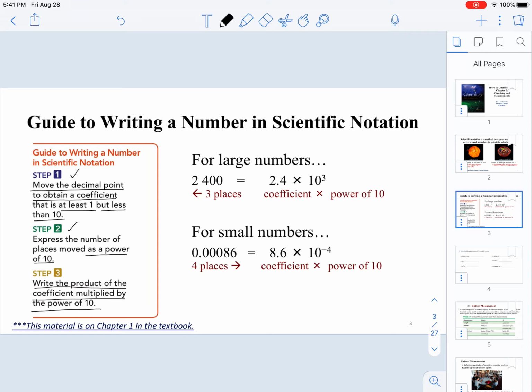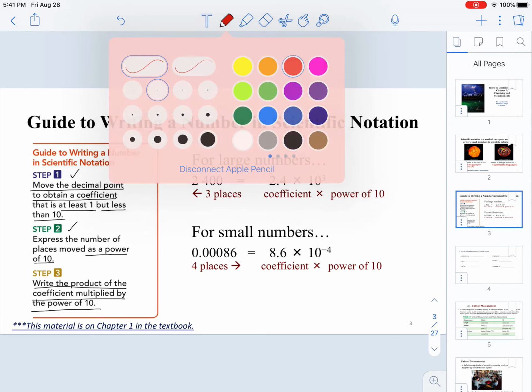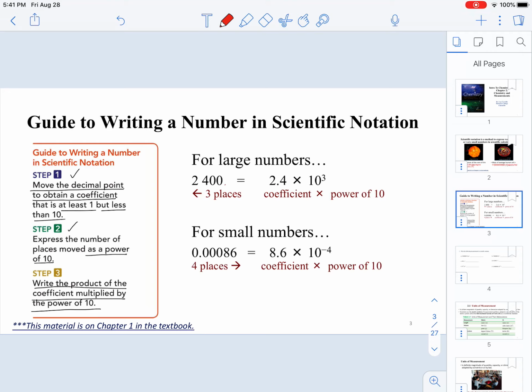So as you can see in this slide, we have for a large number the value 2,400. The value 2,400 does not have a decimal place written, but it does have one that is implied. And that decimal place, as you can see, is specifically at the end of the value. Again, rule number 1 says that we're going to move that decimal place three times. Let me just erase it and get started.